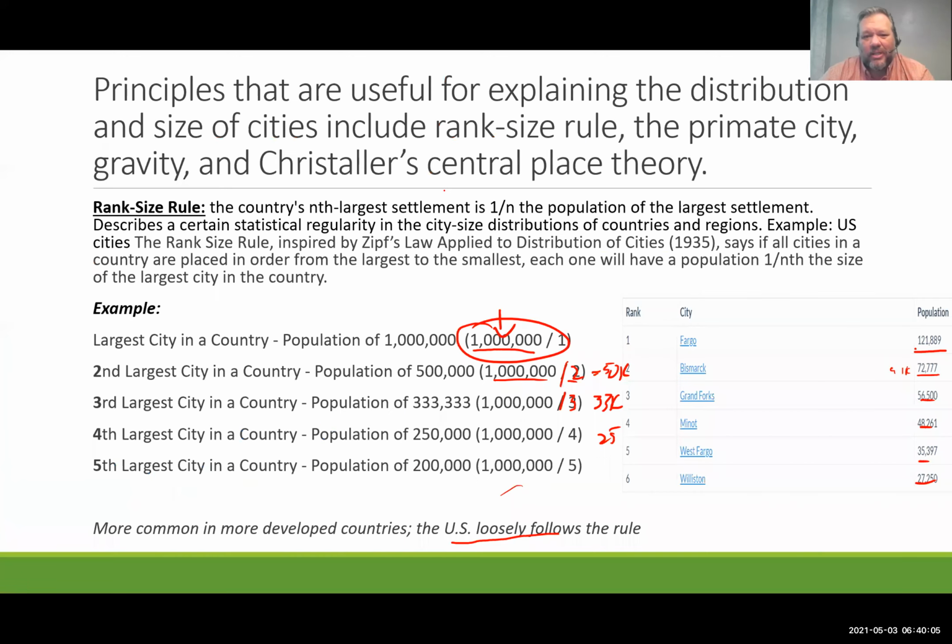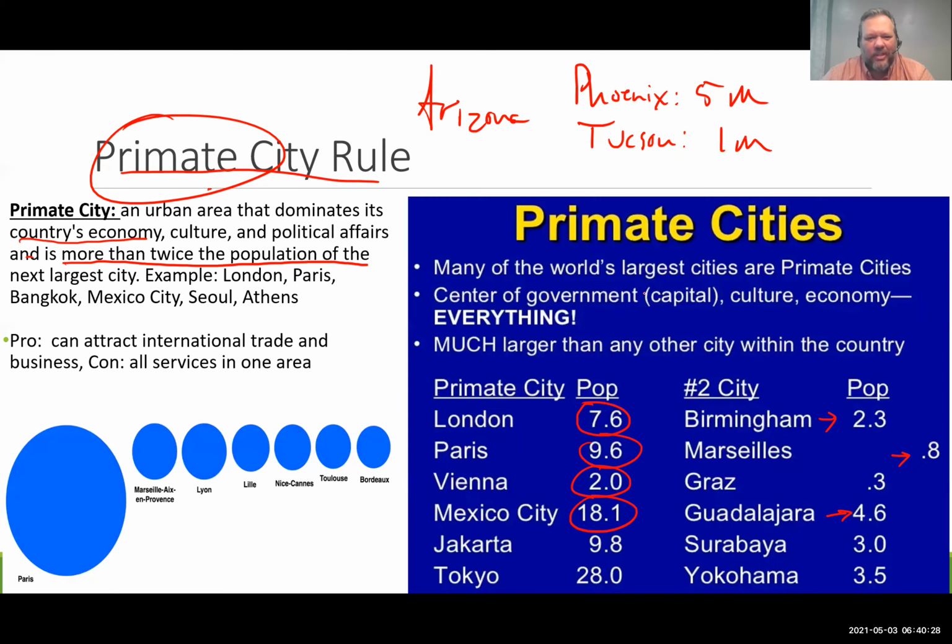Now, if we were to go back and use just the city limits in Arizona, the city limits of Phoenix is like 1.6 million, and then Tucson, I think, is something like 550,000. But anyway, you get the idea.